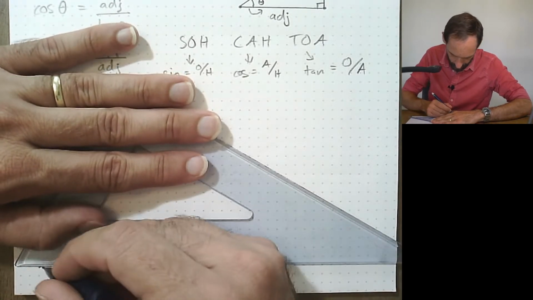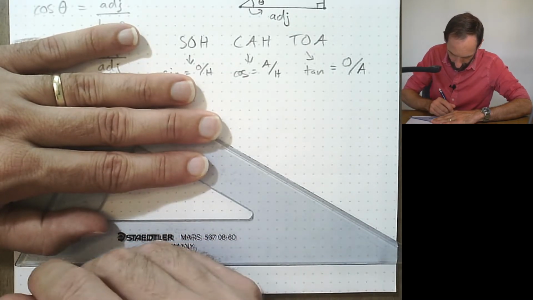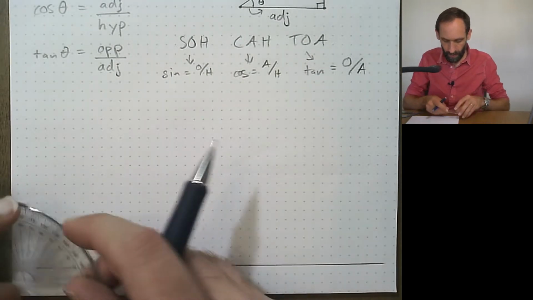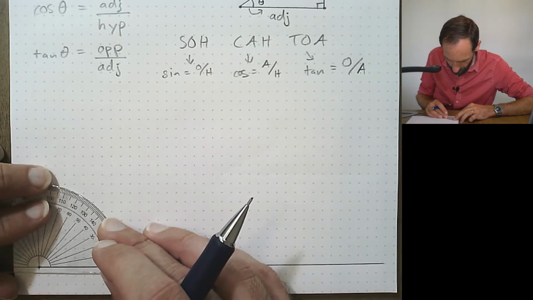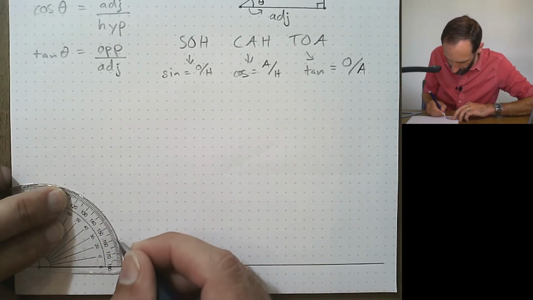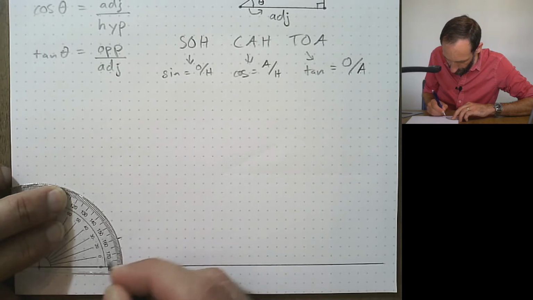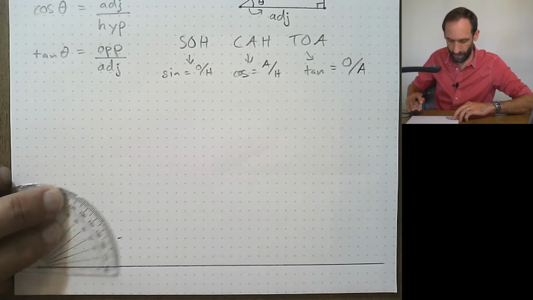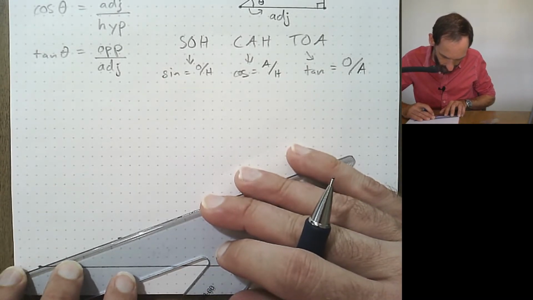Okay, so there's my line, and I'm going to now make a 20-degree angle. I'll go on my protractor. Here it is. Now you might see a 160 there. That would be if I was moving from the other direction. From here, 0, that should be a 10, and then this is 20. Okay, so now let's extend this line out.